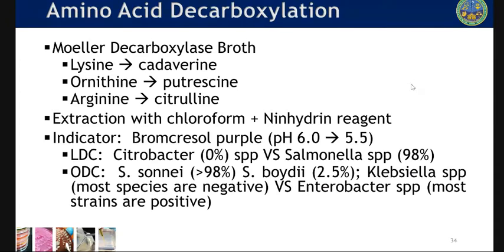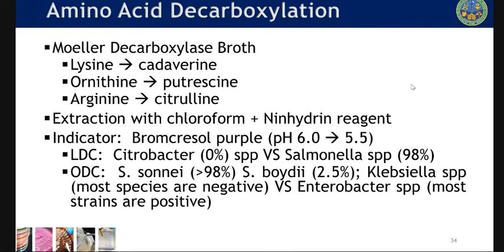Now another one, which is not very common for Enterobacteriaceae, is amino acid decarboxylation. This is more commonly used for non-fermenters as compared to Enterobacteriaceae, but I am presenting it as well. The culture medium being used here is Moeller decarboxylase. The different substrates vary depending on the addition of a particular amino acid.